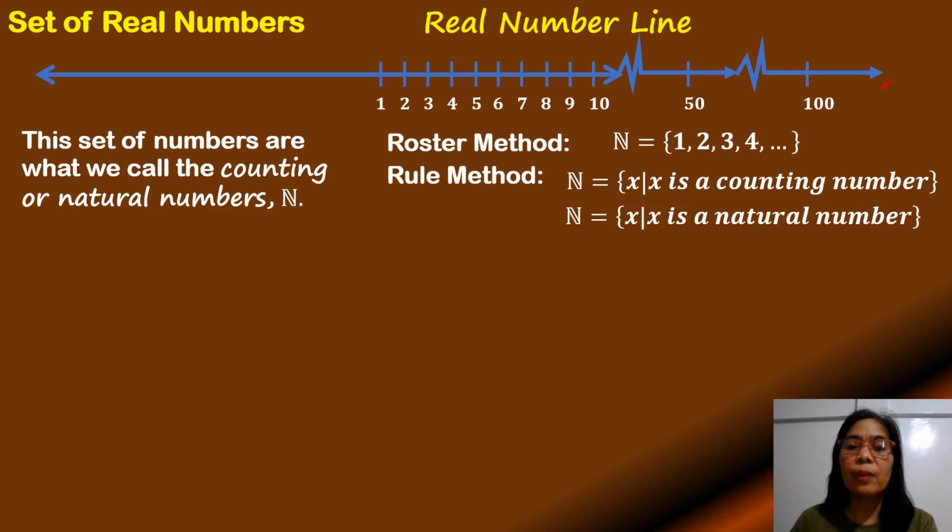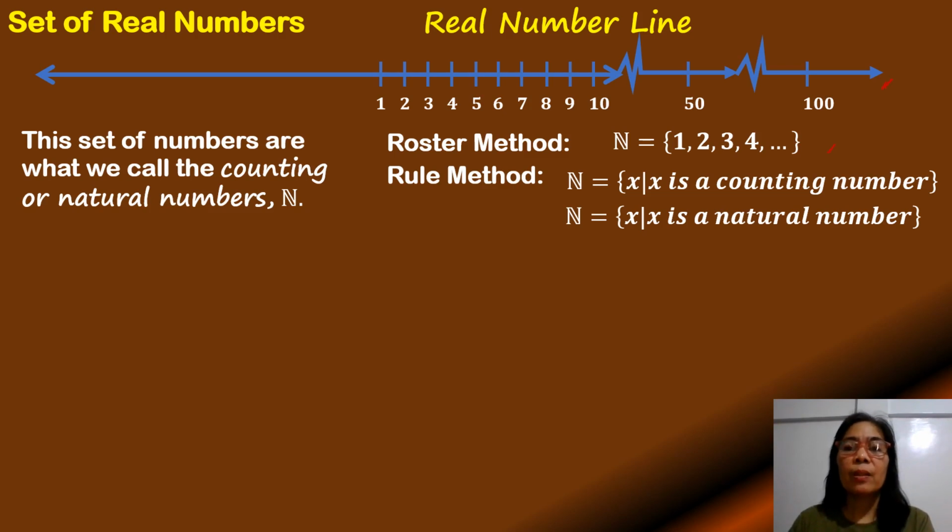It is important to note that in the set of counting numbers, 1.5, 2.5, or 3.5 is not included in the set. So no decimal number is included in the set because they're not included when we count.